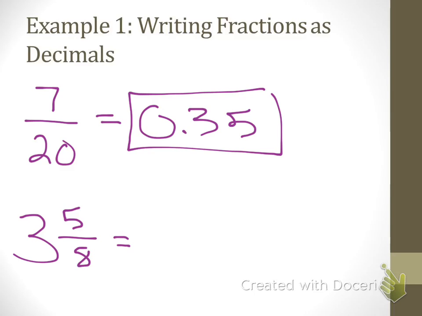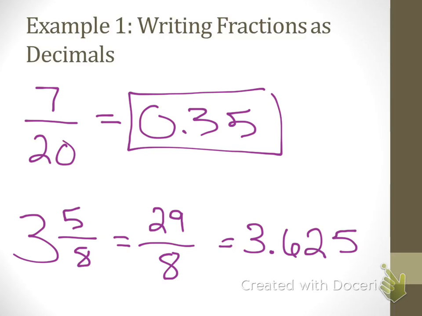What I suggest is that you switch it to an improper fraction, 29 over 8, and then in your calculator, divide 29 divided by 8, and what do you get? 3.625. Everybody see that in your calculators?